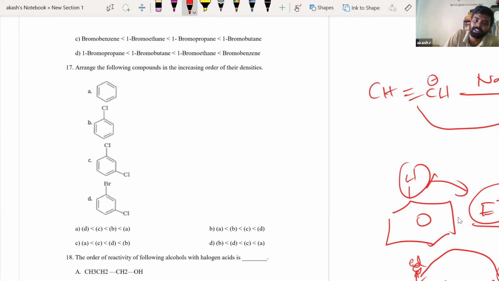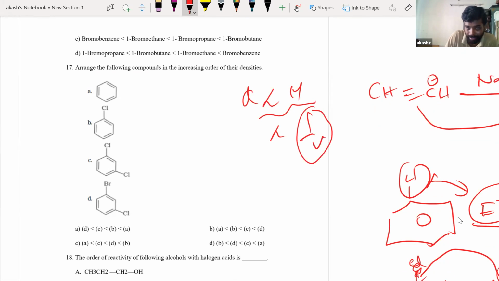Density is directly proportional to mass and inversely proportional to volume. Now, volume really doesn't make sense here, because I know density is equal to mass by volume. So volume has no role to play here. Forget about it. So density is directly proportional to the molecular mass.